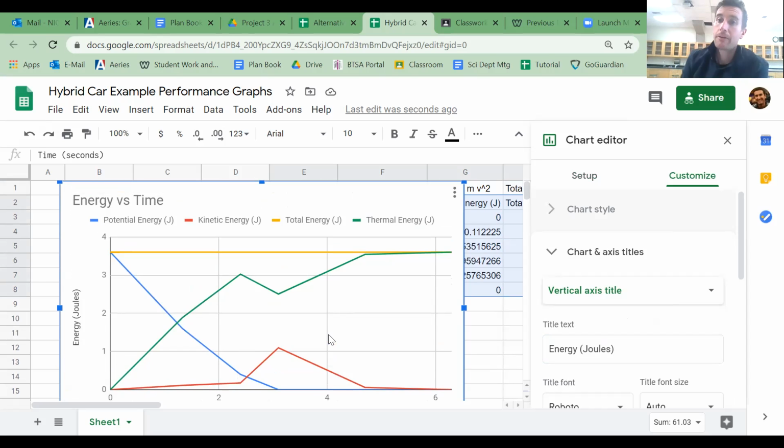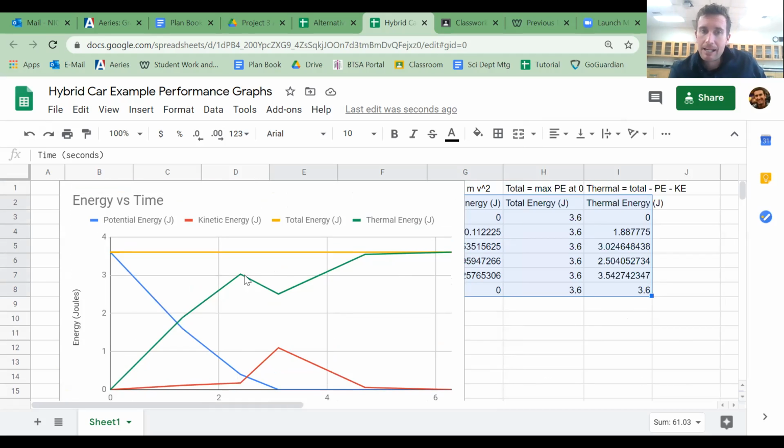Cool. So there's one issue with this chart. And that issue is that right here where the thermal energy goes down, once energy is turned into heat, I can't make it not heat anymore. I can't switch it back and turn the heat into speed, because of entropy, energy should always go to a more disordered form.